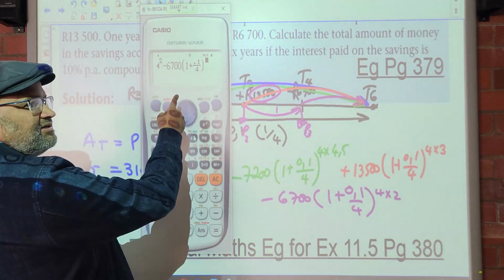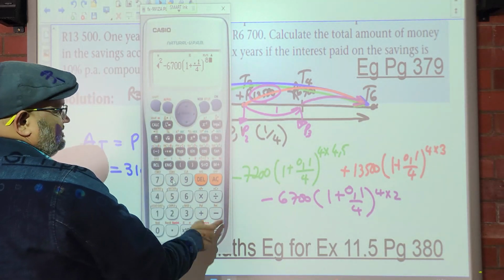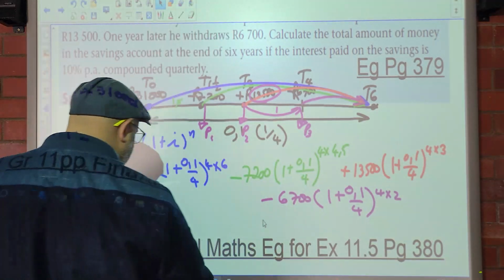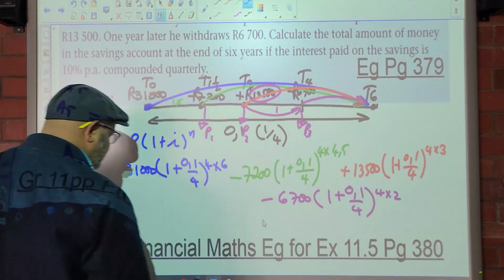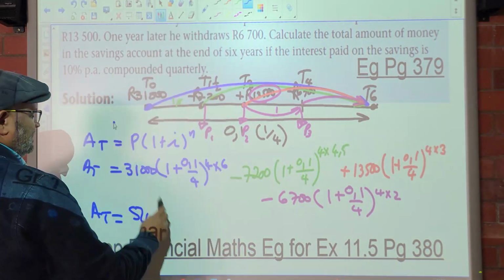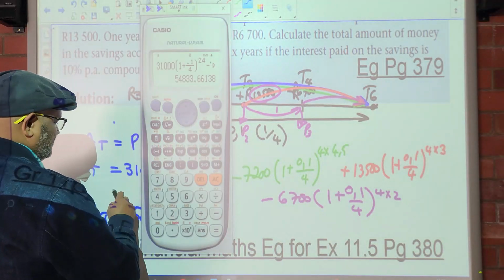You see it's coming to an end. Then it gives you an answer of 54,833 rand and 66 cents. Just check if that's right.